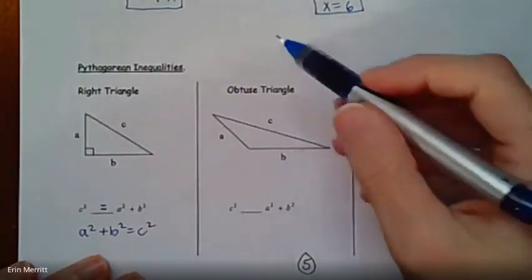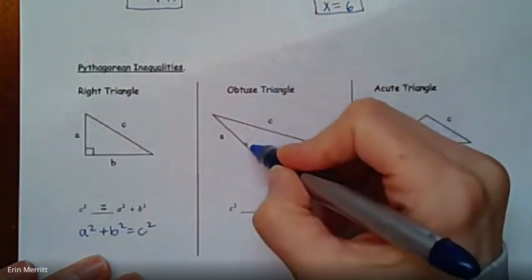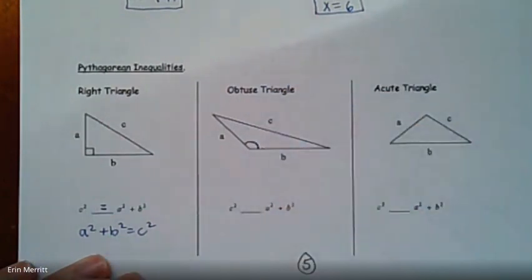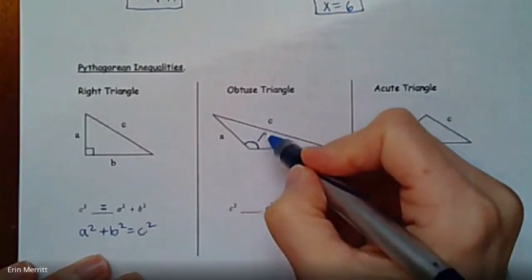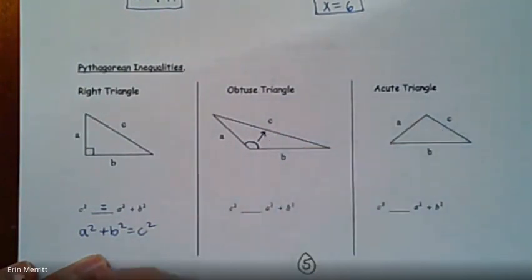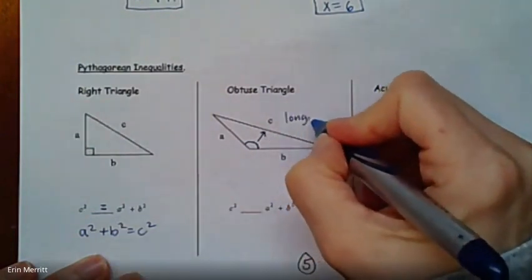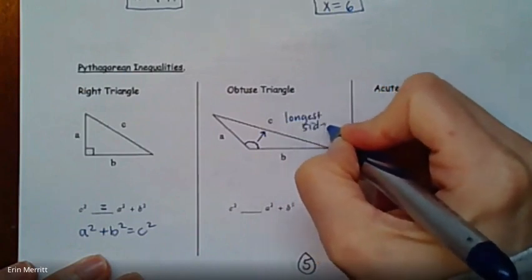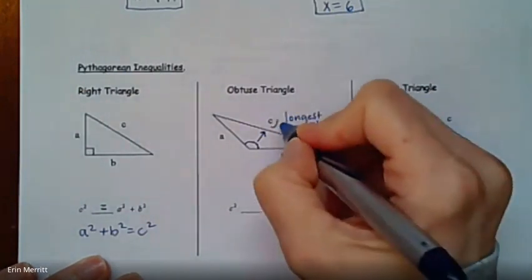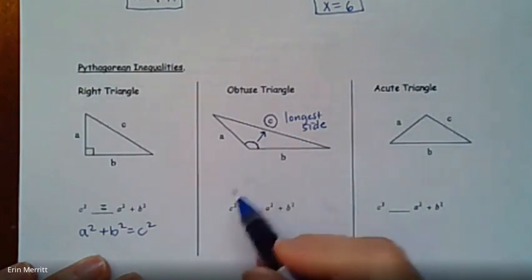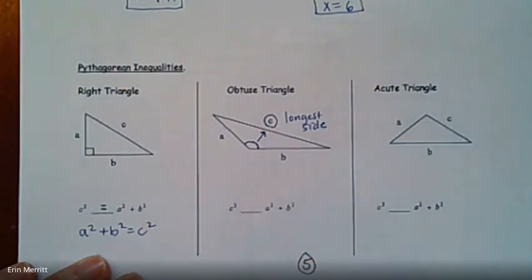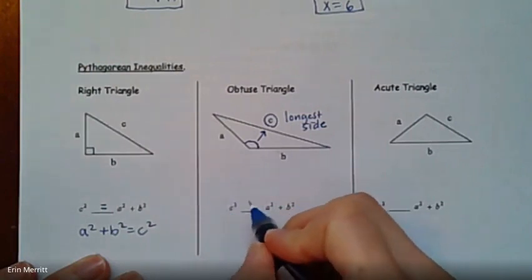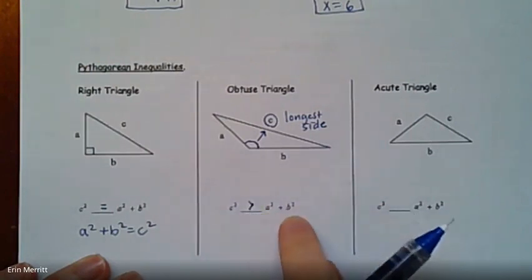What happens is when you have an obtuse triangle, meaning that here's my big old obtuse angle, we're going to treat the side opposite of it as our C. So whatever the longest side is, that's what we deal with as the C value. And what you'll see is that the two sides, no pun intended, are not equal to each other, but the C squared will end up greater than the A squared plus B squared.